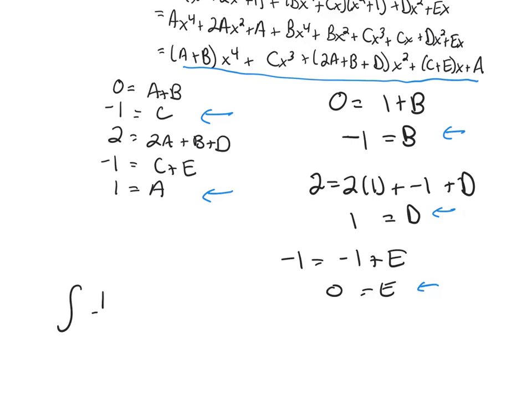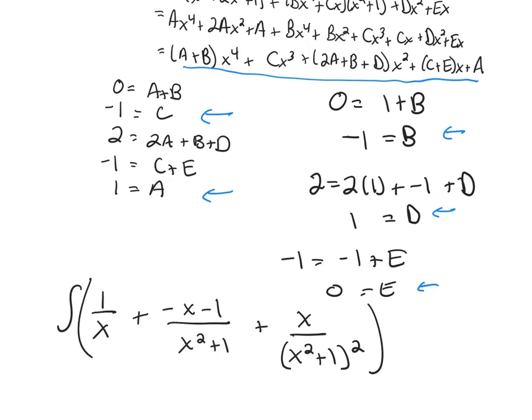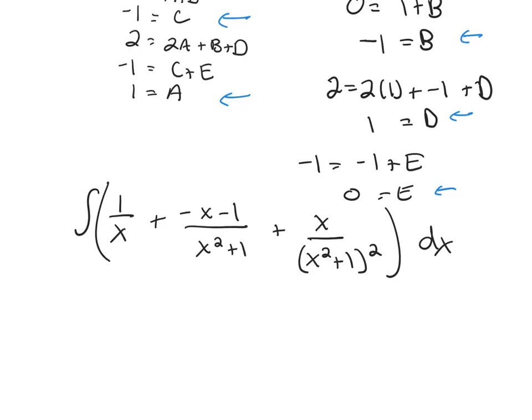A was 1, so 1 over x. B was -1, so negative x. C was also -1, minus 1 over x squared plus 1. And then D was 1 and E was 0. Okay, so this is the new integral that we want to calculate.